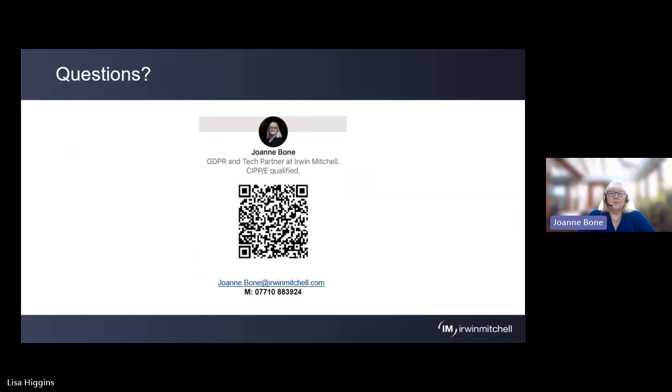If you've got any questions, I think we've got a few minutes, then please do ask, and we'll see if we can answer them. I think we've had one question about whether or not it will impact upon the role of the DPO and workload. I think in the short term, it will impact upon the DPO and their role, on the basis that there'll need to be adjustments of policies and contracts and things like that.